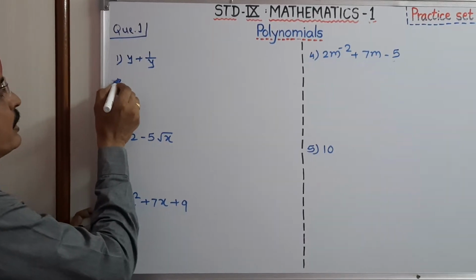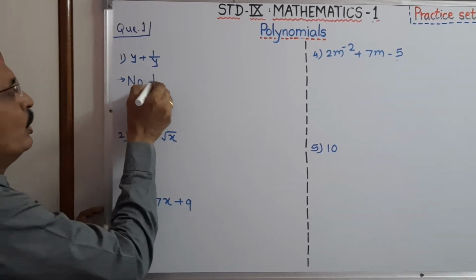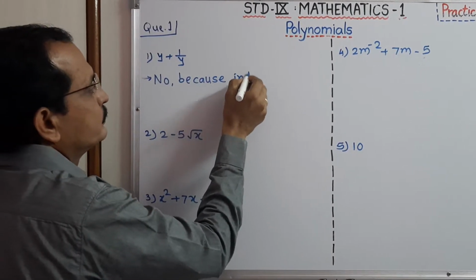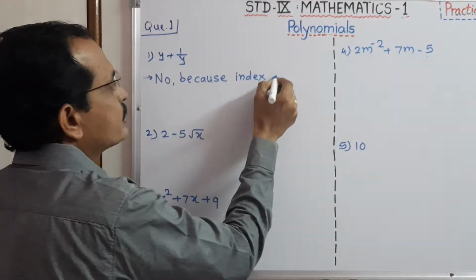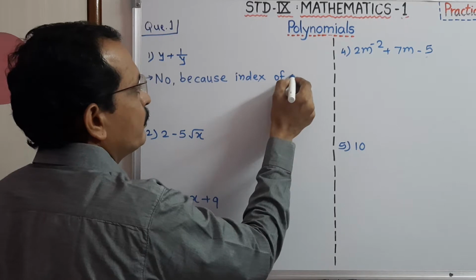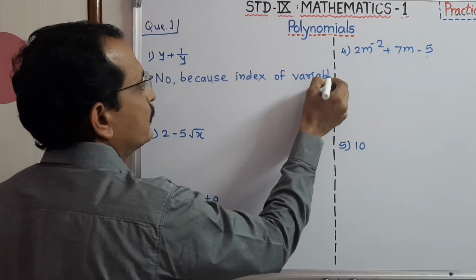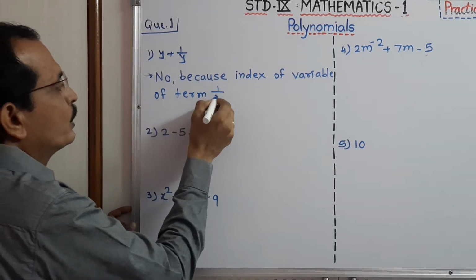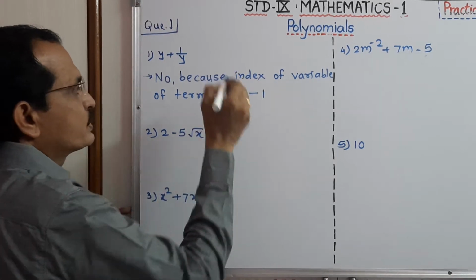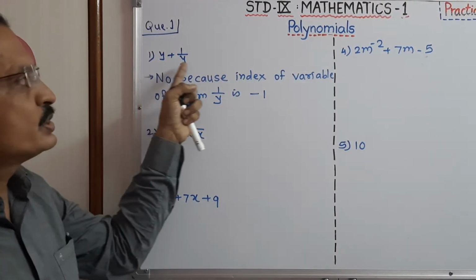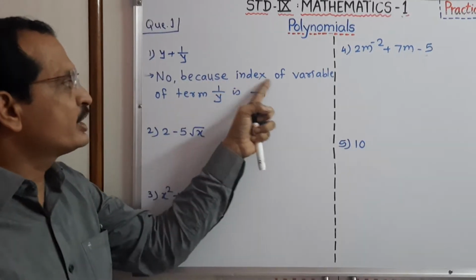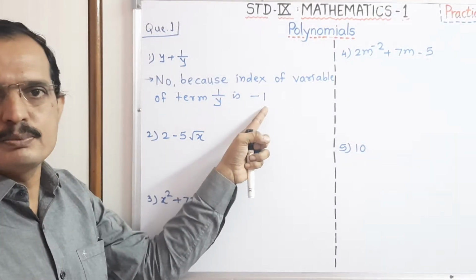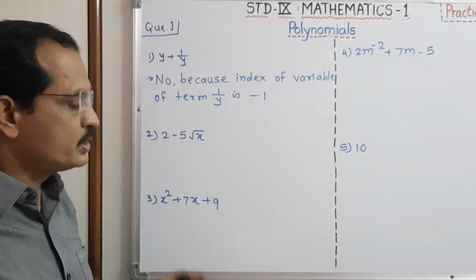Therefore we directly write here this is not a polynomial, that means no, because index, or we say power, of variable of term 1 upon y is minus 1. Got it? See here, this is not a polynomial. No. Why? Because index of the variable of term 1 upon y is minus 1, and it is minus 1, that means it is not a whole number, therefore it is not a polynomial.